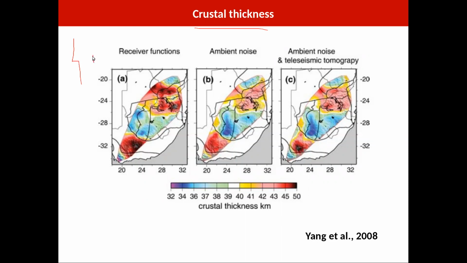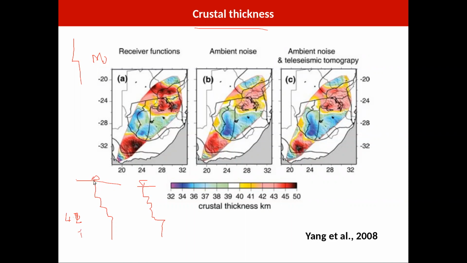So in terms of defining the MOHO with surface waves, say you have a station and you have your 1D velocity model, and then another station with another 1D velocity model. With models coming from surface waves, we can define some velocity, say 4.2, and we say the velocity of 4.2 indicates mantle velocities.